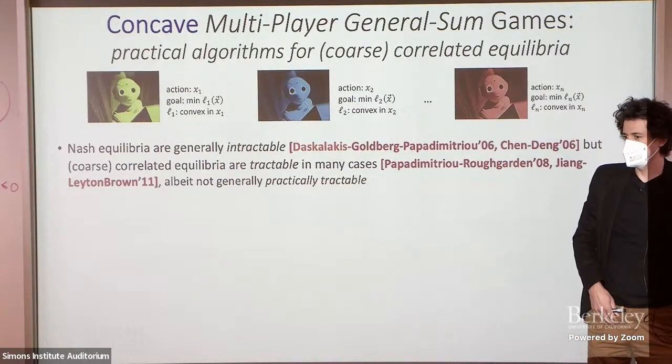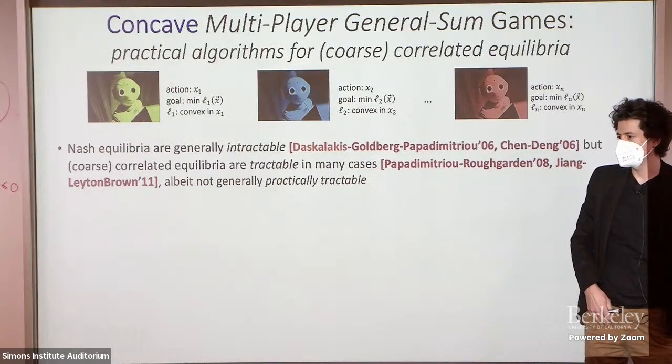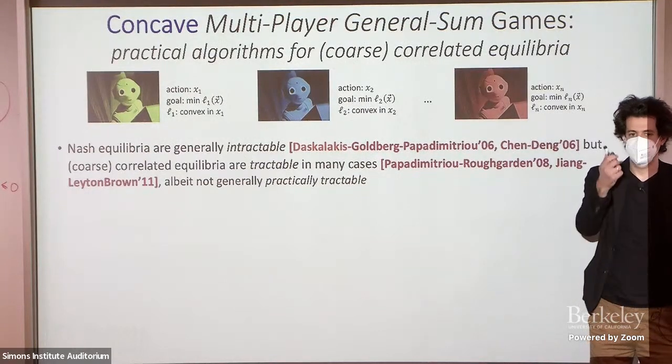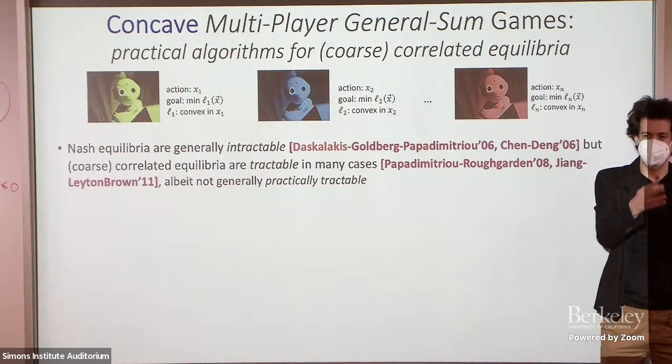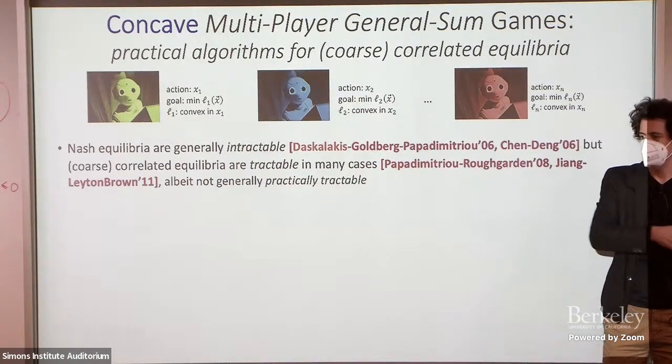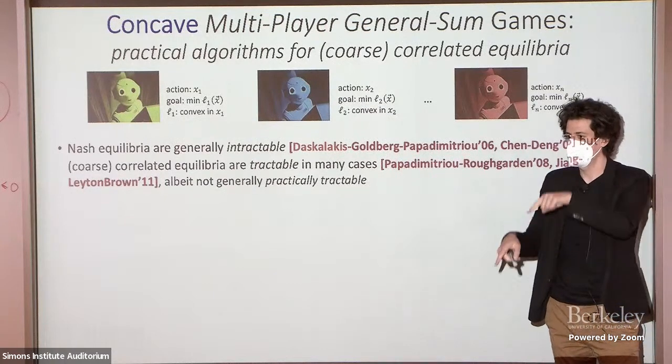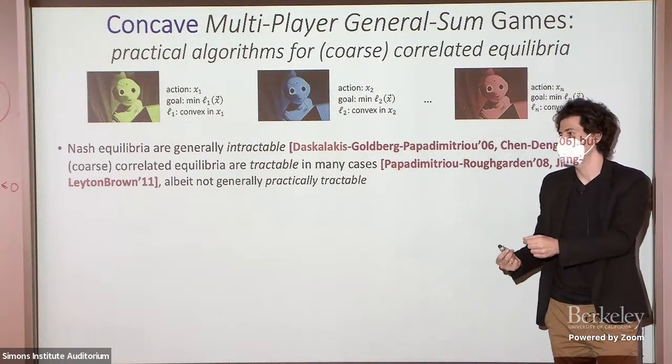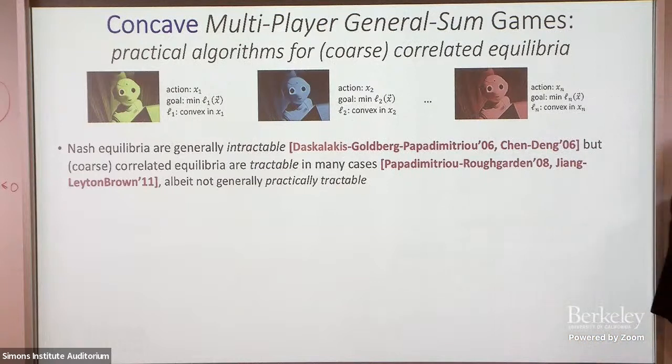It runs the ellipsoid on an infeasible problem. So the ellipsoid is going to prove that the dual is infeasible. And the hyperplanes that the ellipsoid uses to show that the dual is infeasible are used to zoom into a low complexity correlated equilibrium for the primal. Okay, roughly speaking, this is the idea. But it does use the ellipsoid algorithm. It is not so practical.